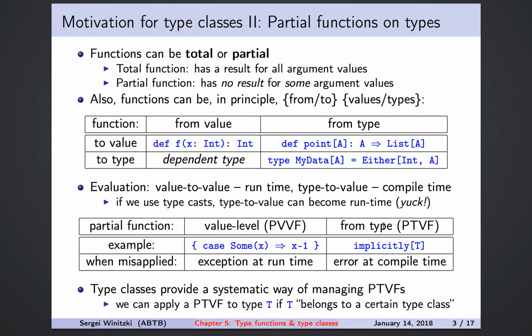Consider now functions from type. A partial type-to-value function is a function that takes a type argument, and it only works for certain types T. An example of this would be a function which I will talk about later. Basically, it's a function that has a type parameter and returns a value, and when you call this function with the wrong type parameter, it's an error at compile time.